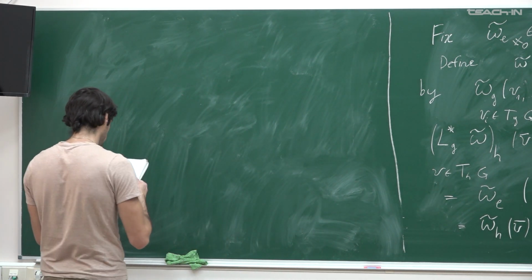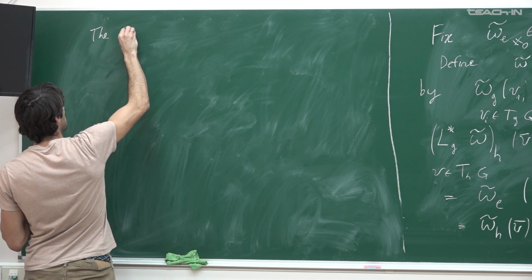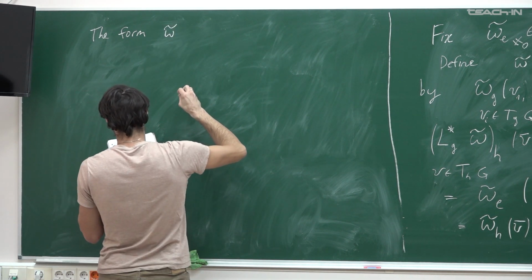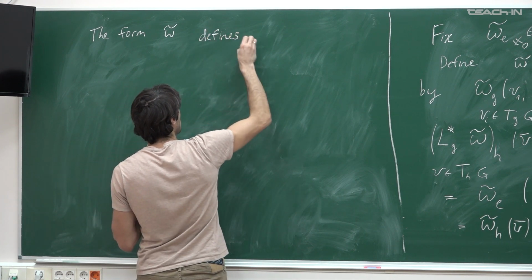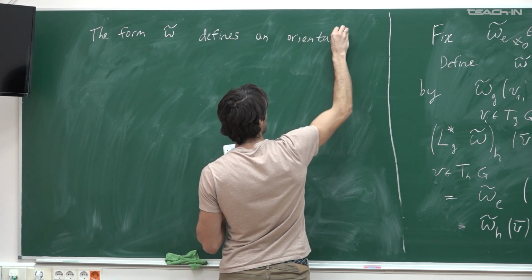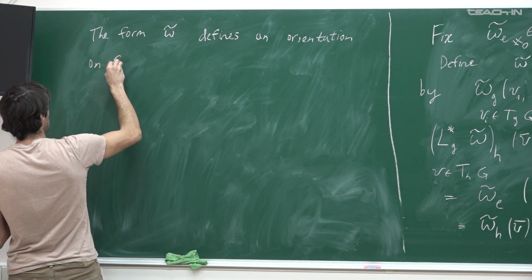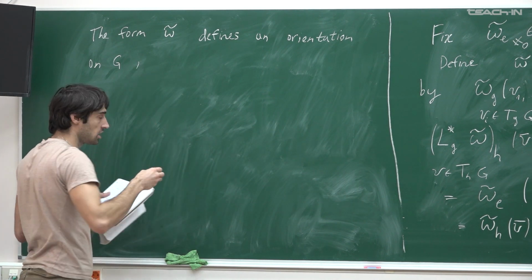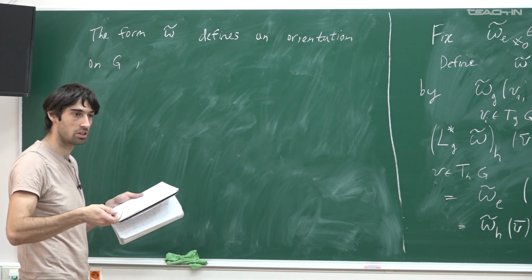So the form omega tilde defines an orientation on G, and with this orientation we now can talk about integration on our manifold, which is G, right?